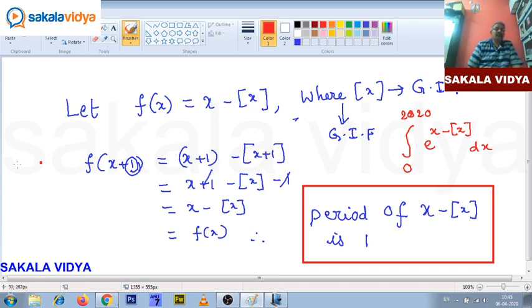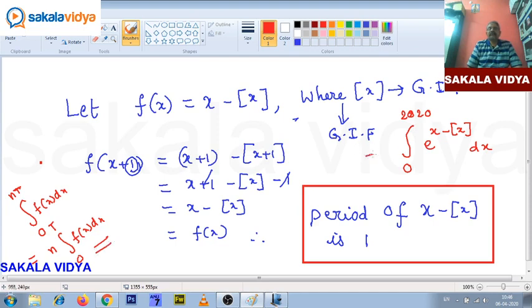See, integral 0 to nT, where T is the period, f of x dx is equal to n times integral 0 to T of f of x dx. So, using this concept, this can be solved.